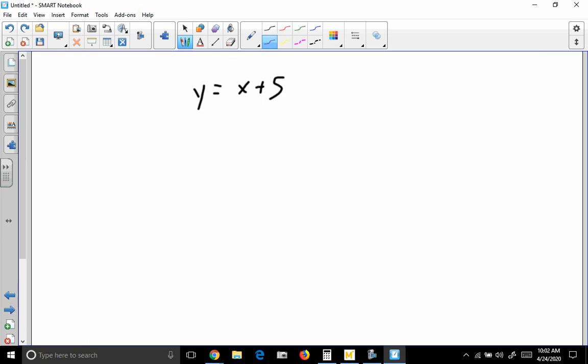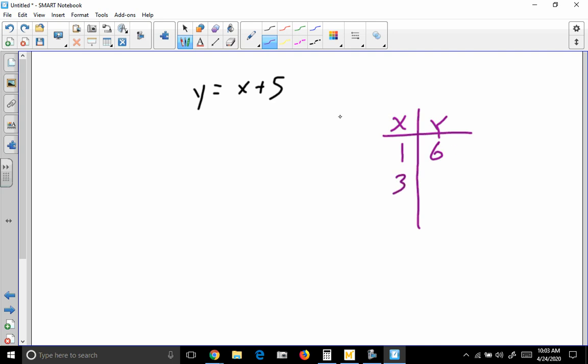This question asks, is this a function? And the easiest way to see, I guess, is to start out making a table. If we put in a 1 for x, y is 1 plus 5. And that's the only answer we get when we plug a 1 in. We don't have two different answers for that x.